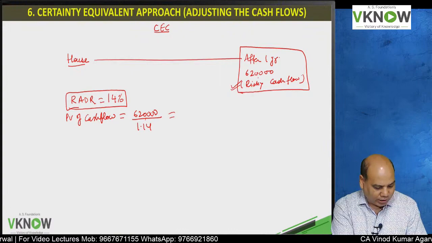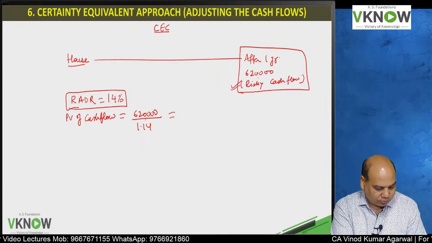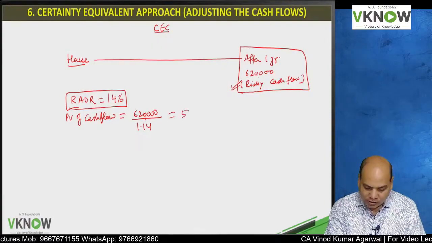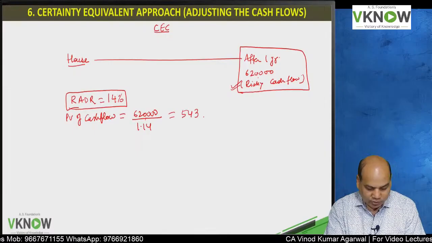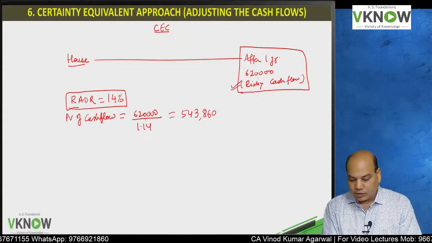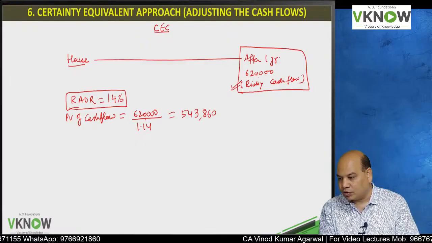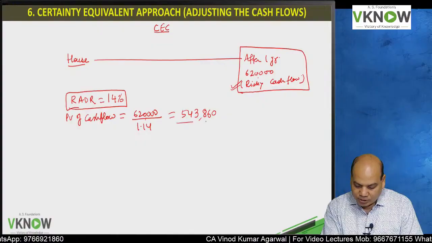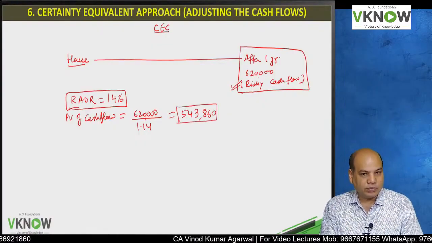Can you do the calculation and give me the answer? This comes to approximately 5,43,860, plus minus 1 rupee. So the present value of this house is 543,860.